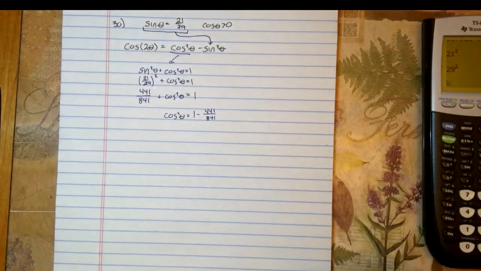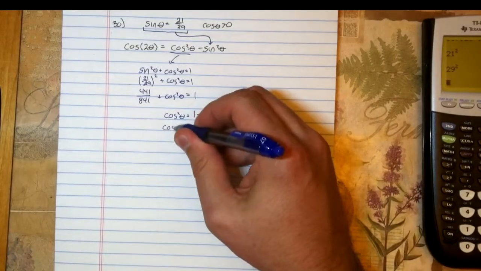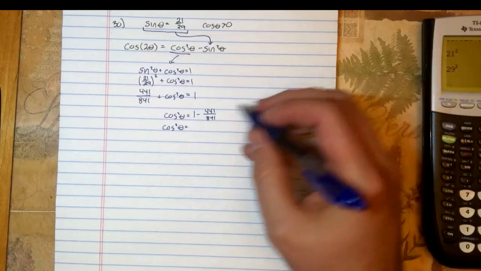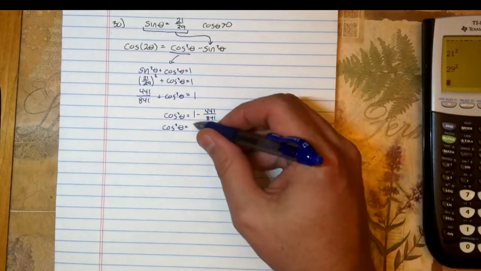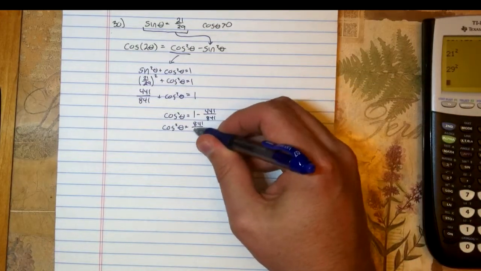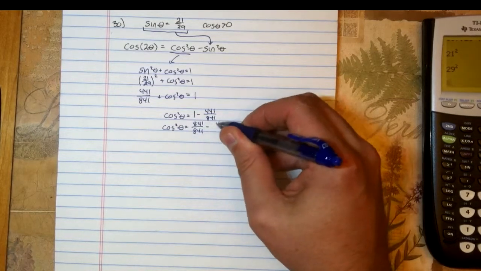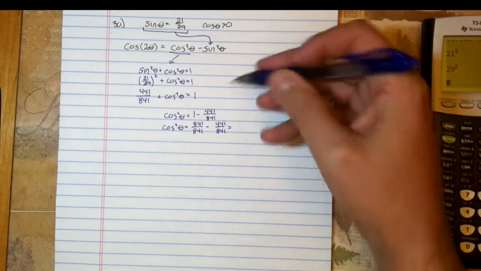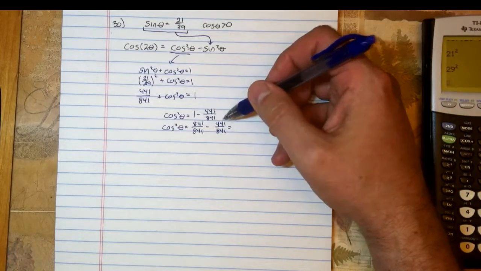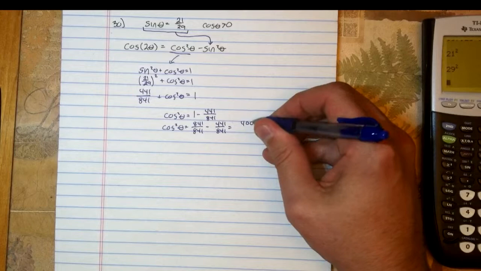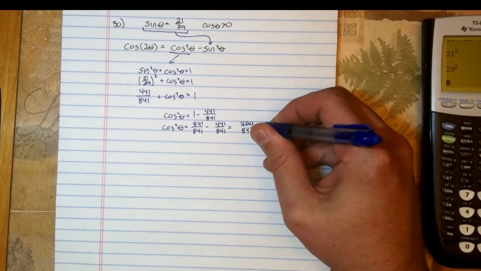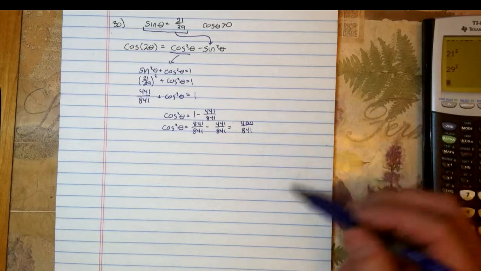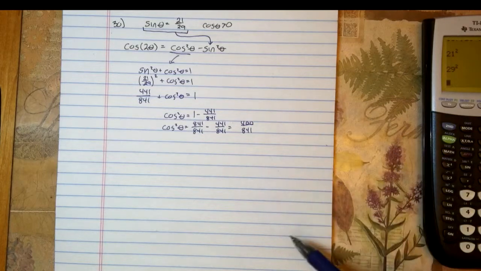I need a common denominator, but it's pretty easy when I'm just subtracting from 1, because the common denominator is just 841. So I really just have 841 over 841 minus 441 over 841, and it doesn't take a supercomputer to figure out that 841 minus 441 is 400. So I have 400 over 841. I could think about whether this reduces in some easy way, but it doesn't seem to, so I'm just going to leave it like that.